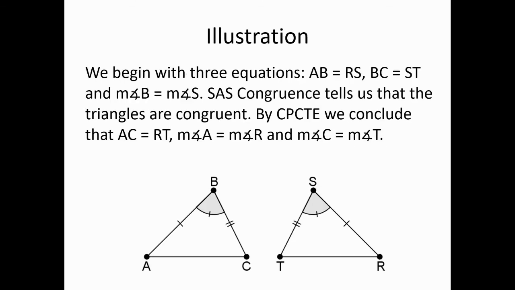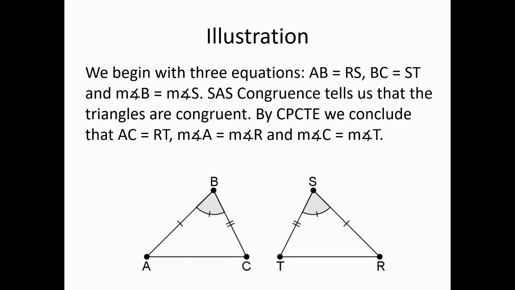So let's go back to this diagram with ABC and RST. If we have the equalities that are marked in the diagram, then it follows by SAS congruence that the triangles are congruent. And then it follows by, here's the rule, CPCTE, that also AC is equal to RT, that the measure of angle A is equal to the measure of angle R, and the measure of angle C is equal to the measure of angle T. These follow.